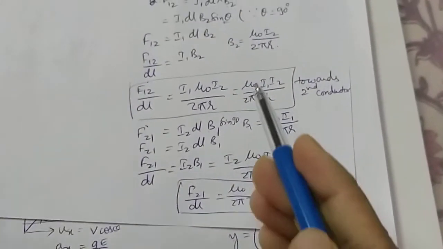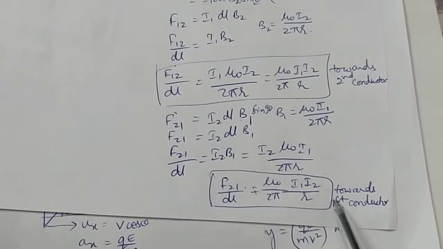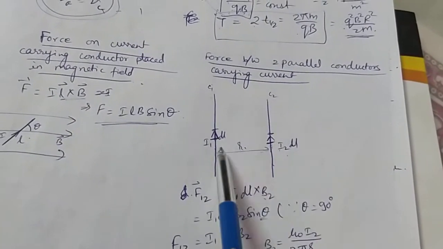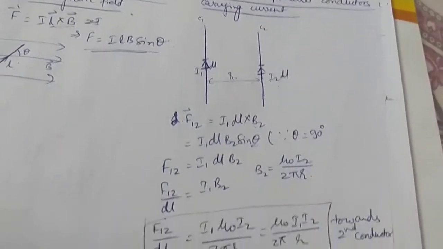So you see we are getting the same magnitude, but the direction is opposite. Here the direction was towards C1, and there it was towards C2, so this force is mutual and attractive.